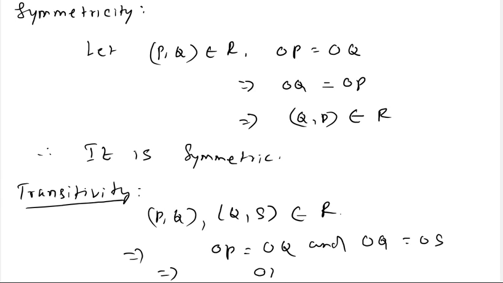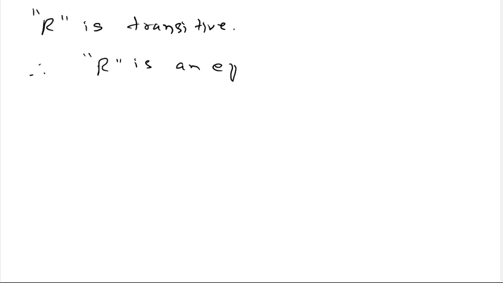Combining these two, we can write OP equals OS. This implies (P, S) also belongs to R. So this concludes that the relation R is transitive. Therefore, the relation R is an equivalence relation.